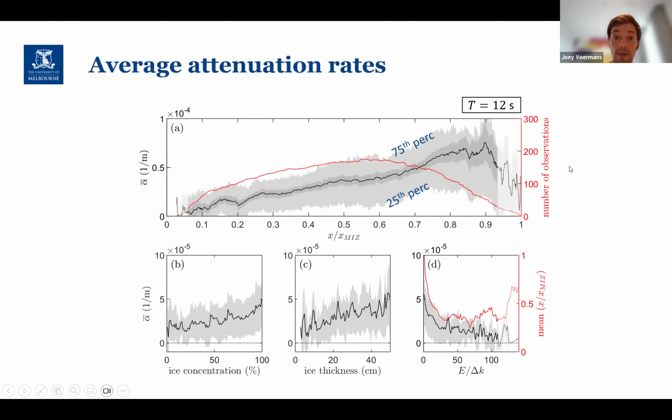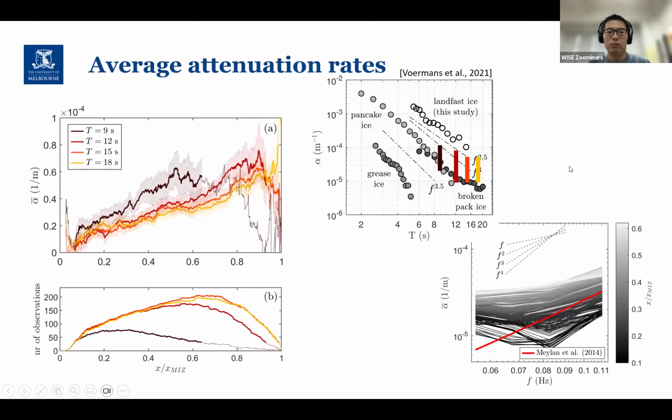Yeah, possible. That could perfectly well be the case as well. I'm not entirely sure how ice floe collisions scale exactly, but it definitely could be a reason if that's relevant. Okay, thank you.